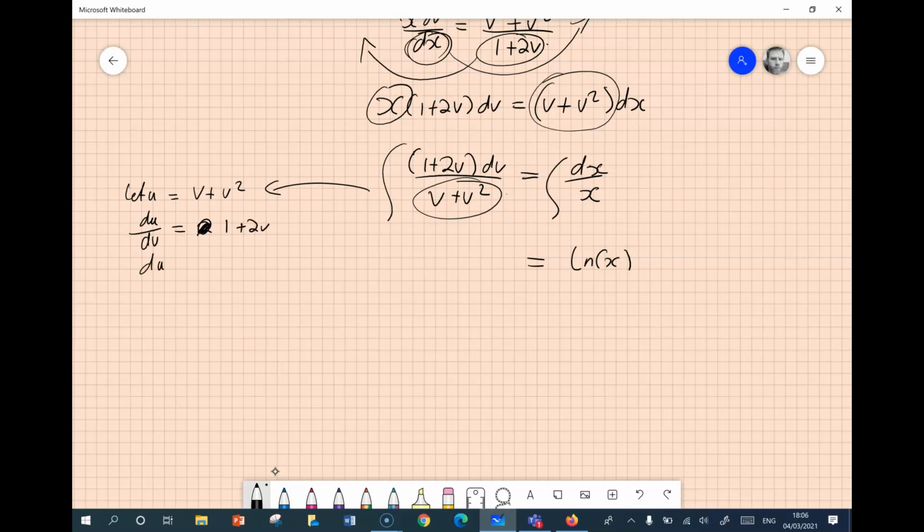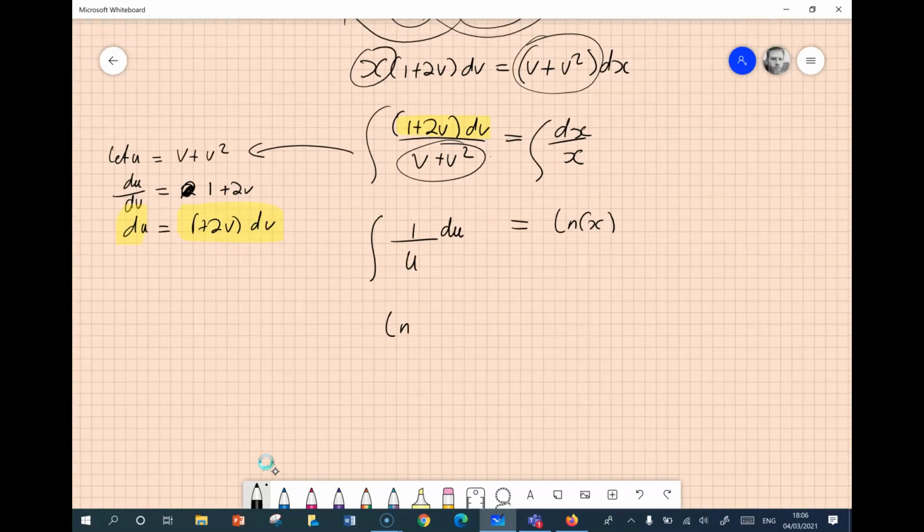Bringing my dv across, du can be exchanged for (1 + 2v) dv. Perfect. So here I've got a du, and I can exchange it for (1 + 2v) dv, which is my top line here. So I can rewrite that now as the integral of 1 over u du. The integral of that's easy: it's just the natural log of u.